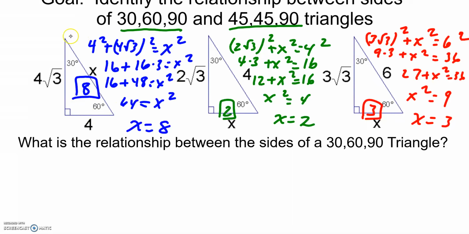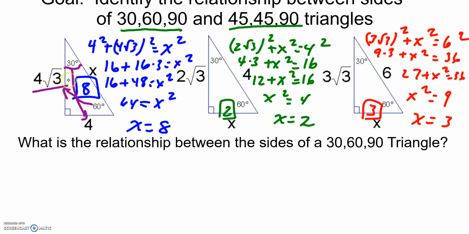But here's what I really want you to look at. If we take a look at this first triangle, I notice that the shortest side is across from the smallest angle. The medium side, 4 times root 3, is smaller than 8, and it's across from the second largest angle. And the biggest side of 8 is across from the largest angle of 90. And I notice that in all three examples, the smallest side is always just the smallest number.